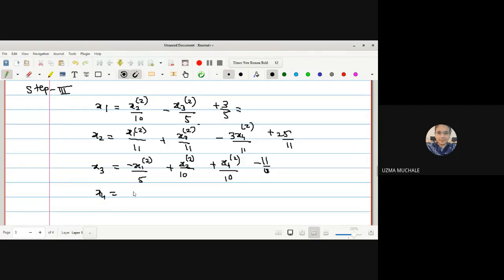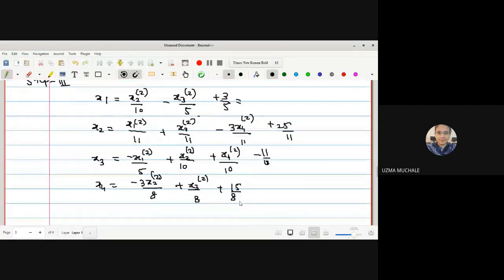And x4 is equal to minus 3x2(2) divided by 8 plus x3(2) divided by 8 plus 15 by 8.